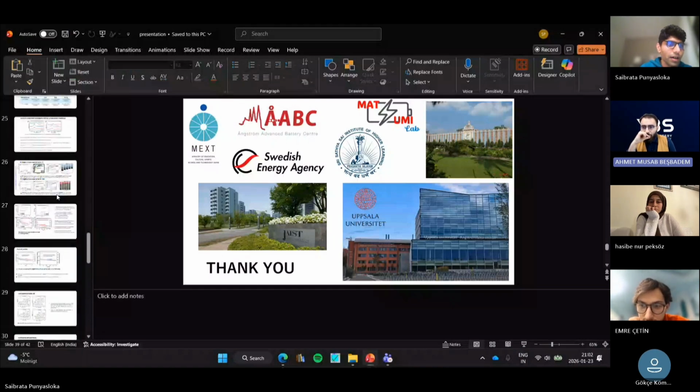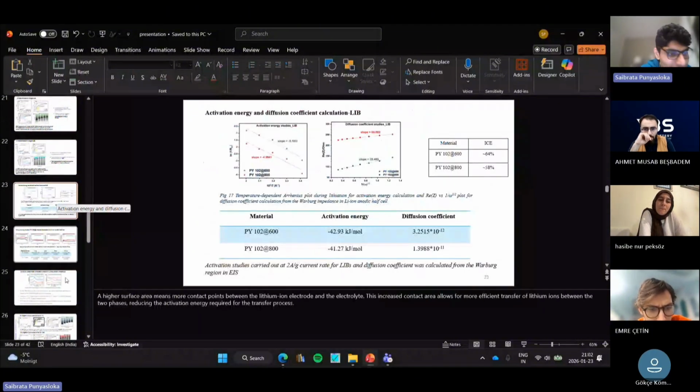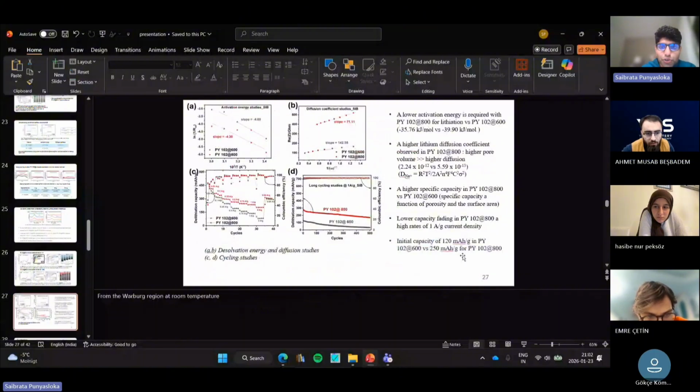Okay, if we have to compare, I can give you a little comparison. In a very simple sense, sodium ions are bigger than lithium ions. The diffusion is not great within sodium ion.